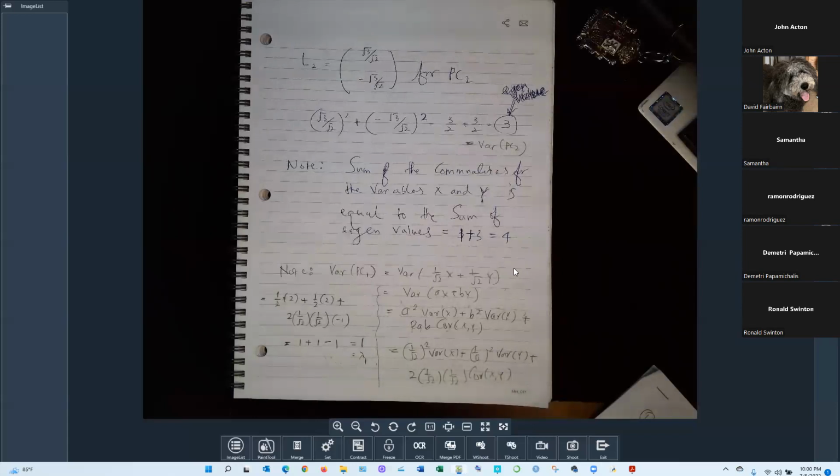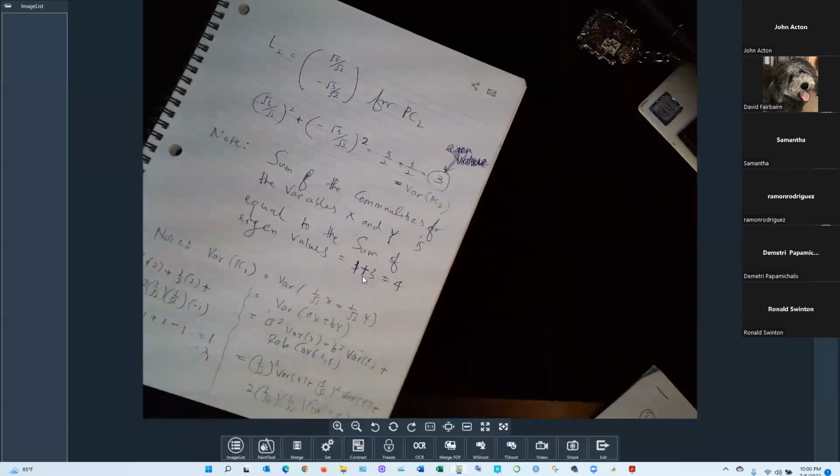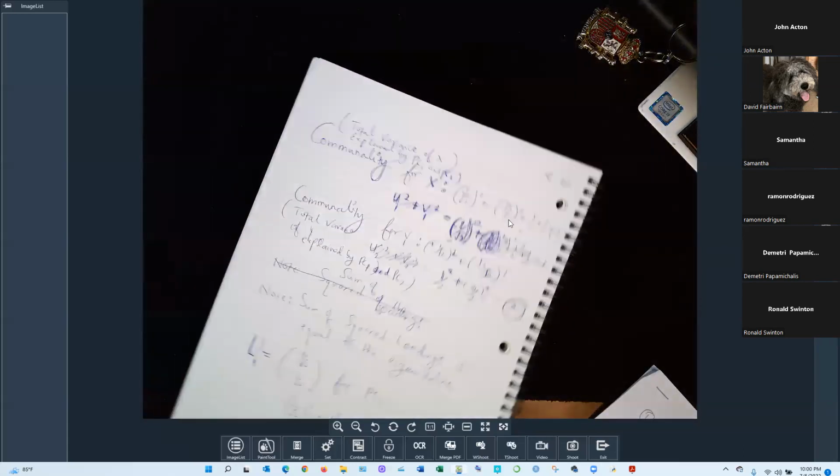The variance of a principal component is the same as the eigenvalue.